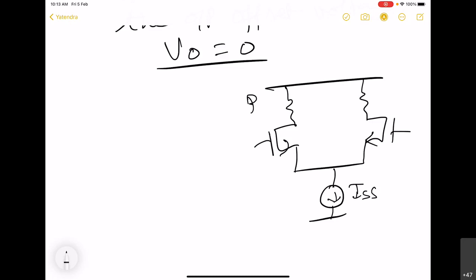Right? So now we are going to give, say, VG1 here to the MOS1 and VG2 to the MOS2, and then try to find out what is the difference between these two voltages so that this output voltage is 0.